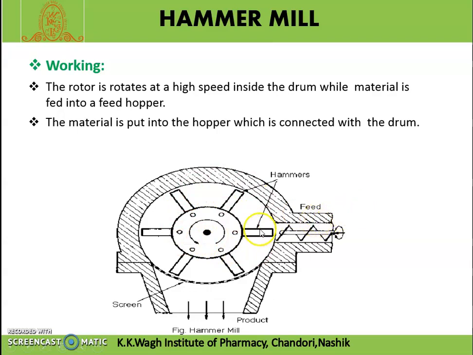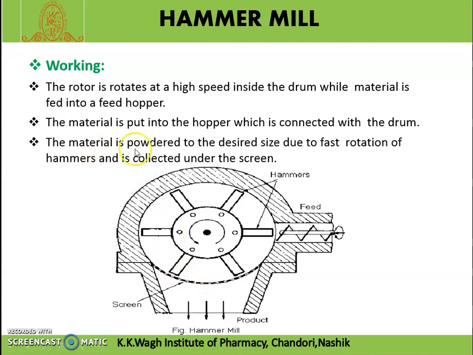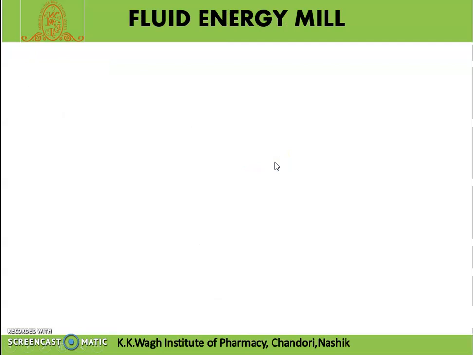From here we put the feed, and these are the hammers, the number of hammers in the mill, and these hammers hit the particles, and that's why size reduction occurs. The material is powdered to the desired size due to the fast rotation of the hammers and is collected under the screen. The next one is the fluid energy mill.